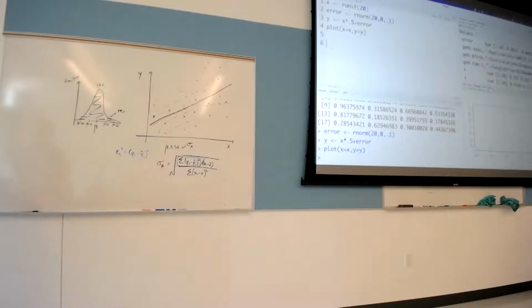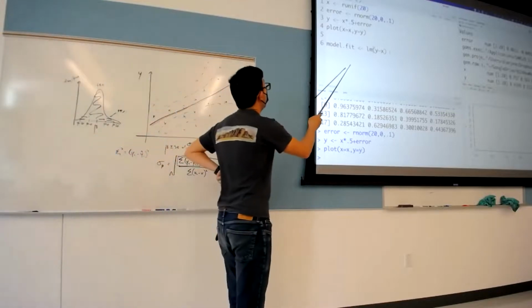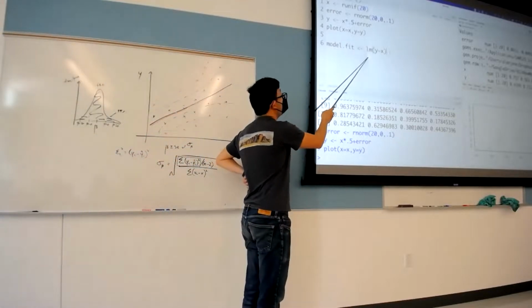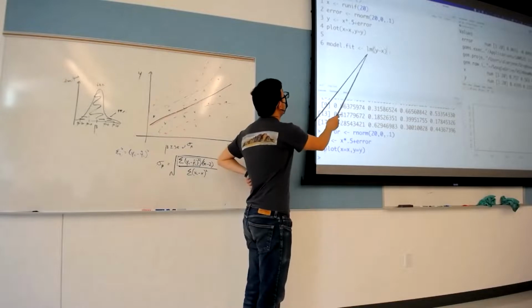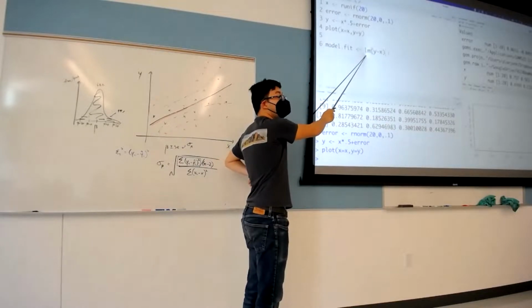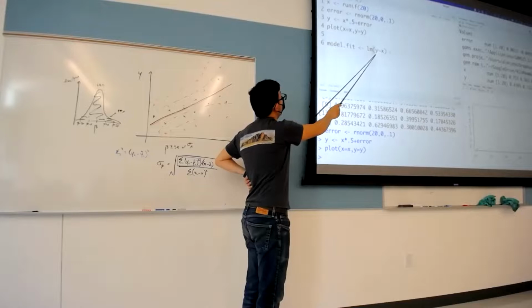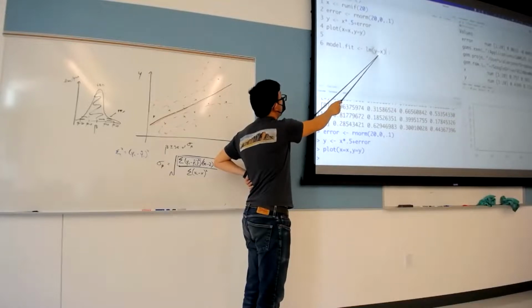Okay, so model.fit, lm(y ~ x). This is how we run a regression in R. So lm stands for linear model, and then you have y, tilde, x.